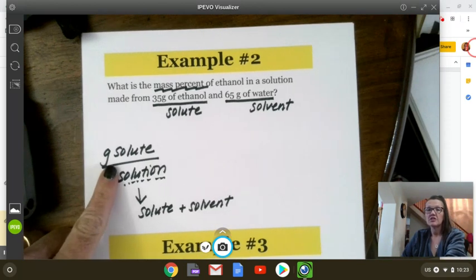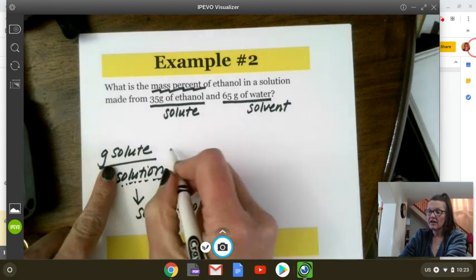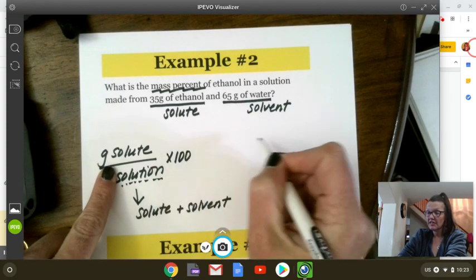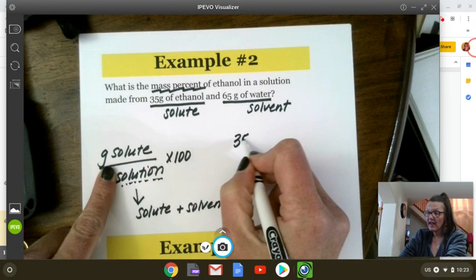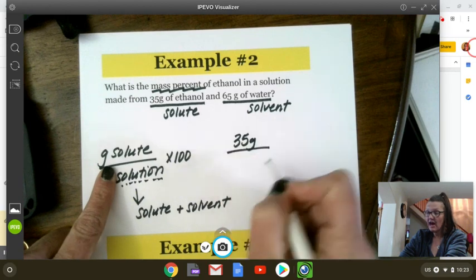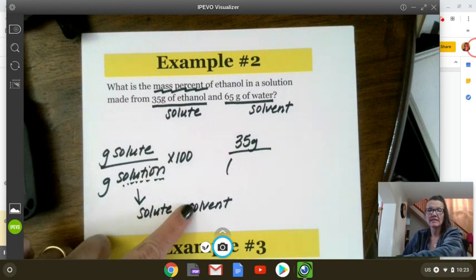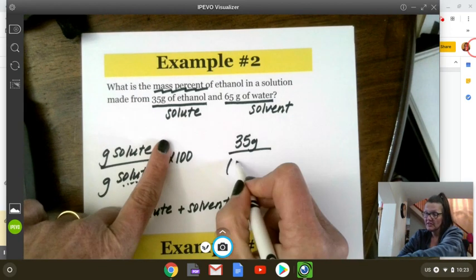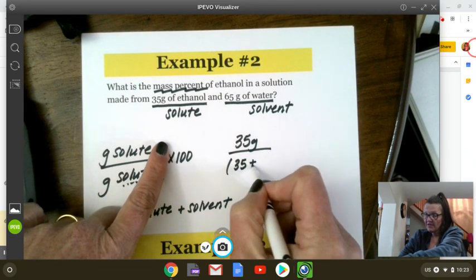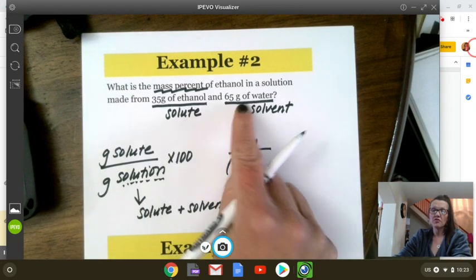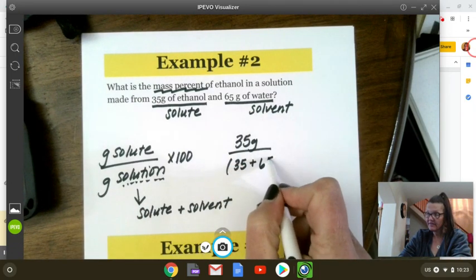Okay. So we start with our grams of solute. I'm just going to write times 100 on here. And we do 35 grams of the ethanol on top. On the bottom, the solution is equal to the solute plus the solvent. Well, we know the solute is 35, right? And it tells us that the solvent or the water is 65.